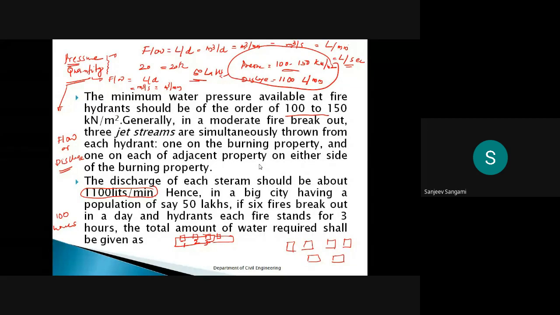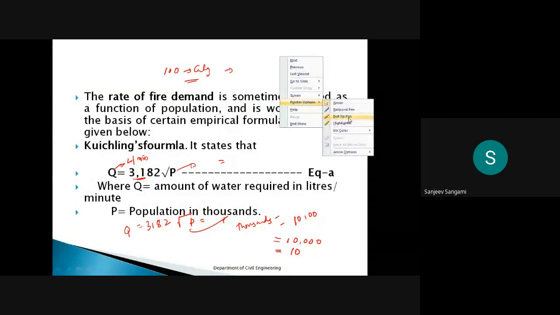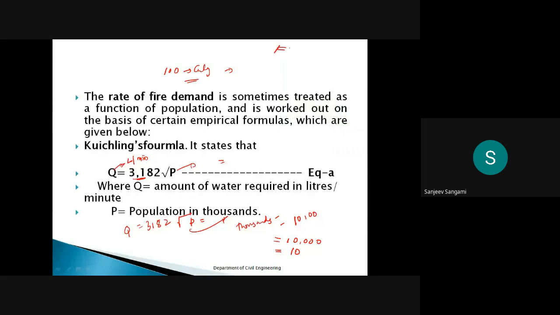Then the flow rate, what we are talking about. The two are very different. Flow and pressure are both different. Flow is measured in liters per minute or meter cube per minute or liters per second or meter cube per second.